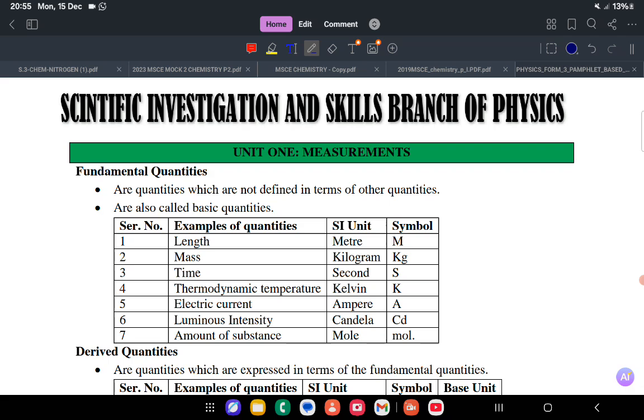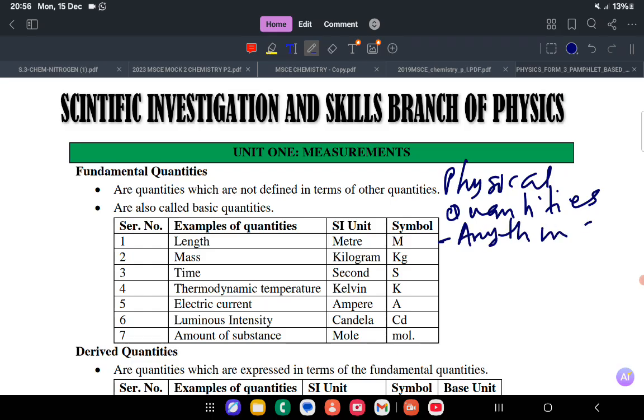So without wasting your time, let us define a very important concept that relates to this lesson, and that's called physical quantities. For the sake of this lesson, we shall define a physical quantity as anything that can be measured.